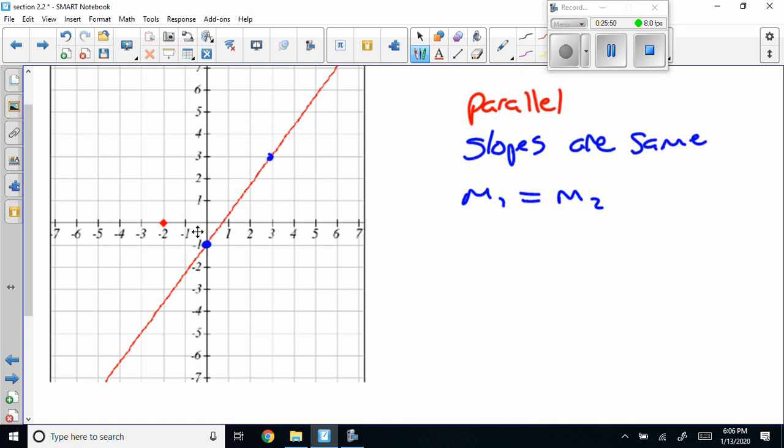All right, so how much am I going up? 1, 2, 3, 4. And then how much am I going over? 1, 2, 3. So if I go from here up 4 and go over 3, if I connect those dots, guess what, ladies and gentlemen? That's right.